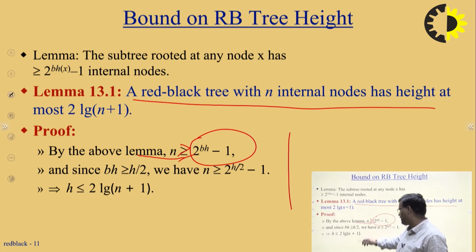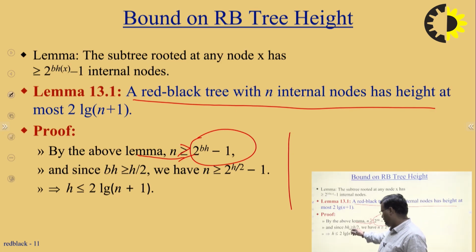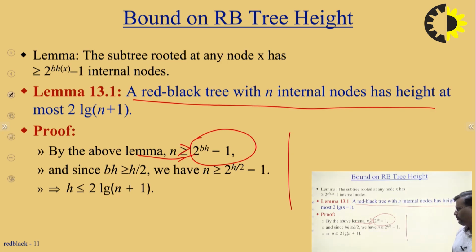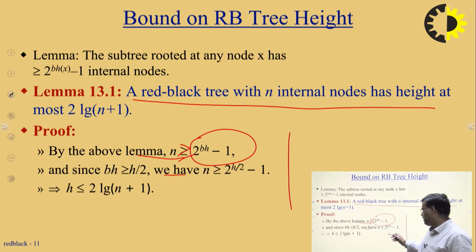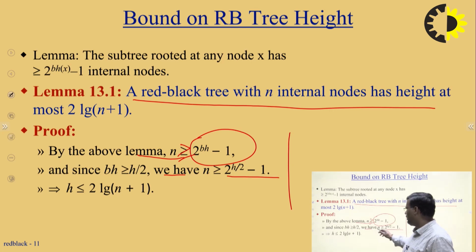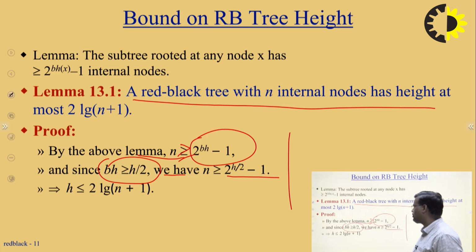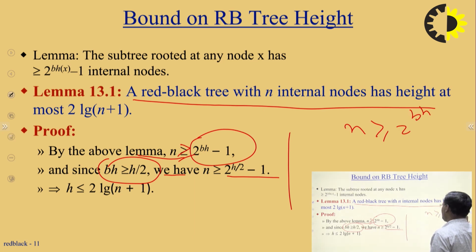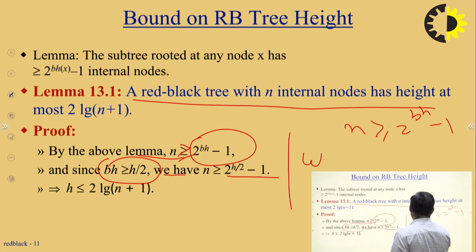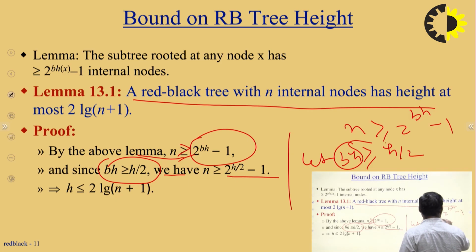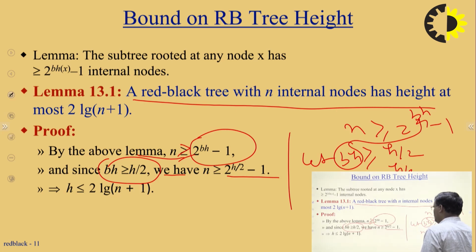Since black height is greater than or equal to height by 2, we consider n is greater than or equal to 2 to the power h by 2 minus 1. So here we put the value of black height as h by 2. Always keep in mind, n is greater than or equal to 2 to the power black height minus 1. Let black height be greater than or equal to height by 2. Then we put the value of this: n is greater than or equal to 2 to the power h by 2 minus 1.